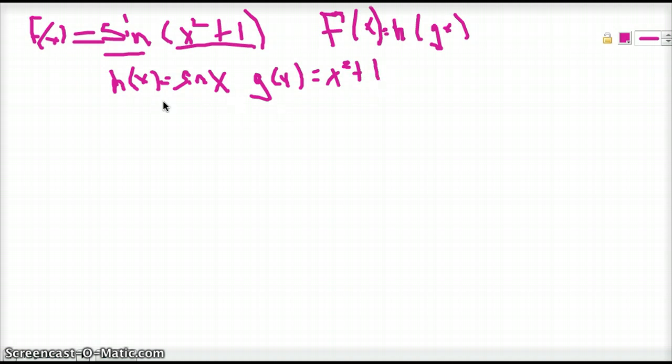Alright, and now we want to find the derivatives of both of these. And hopefully you've covered the derivative of trig functions. Otherwise I can make a video of a proof. But the derivative of sine of x is negative cosine x.